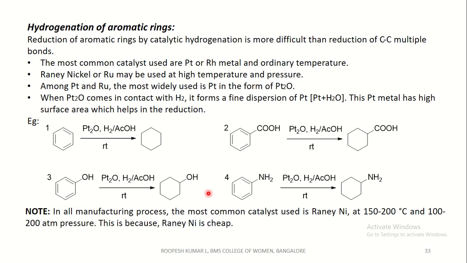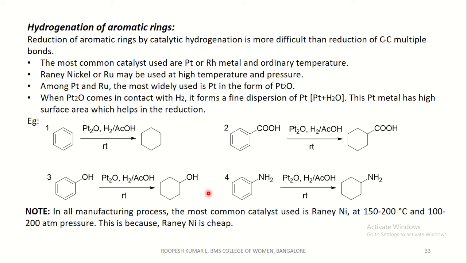Coming to hydrogenation of aromatic rings. Reduction of aromatic rings by catalytic hydrogenation is more difficult than reduction of carbon-carbon multiple bonds. The most common catalysts used are platinum or rhodium metal at ordinary temperature.